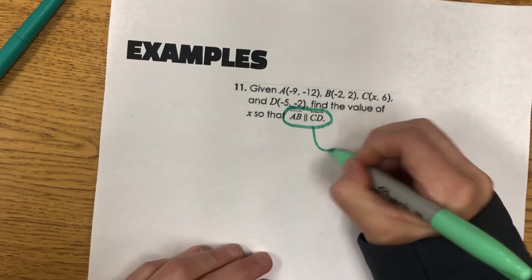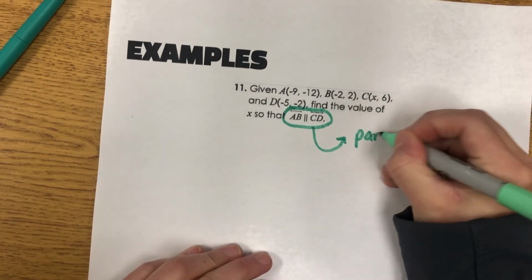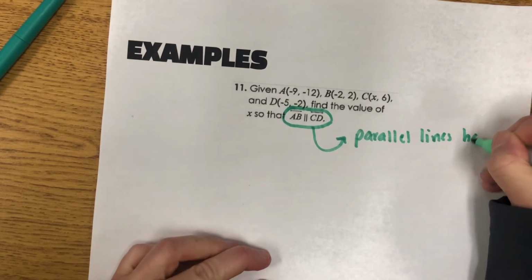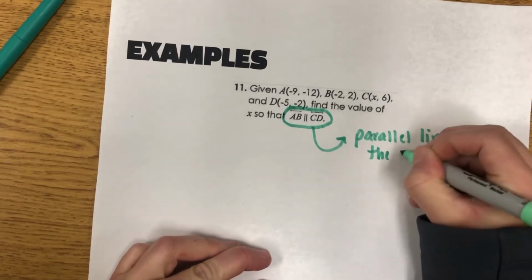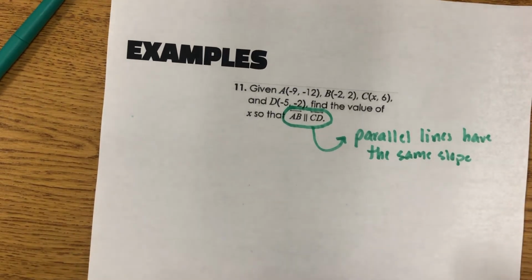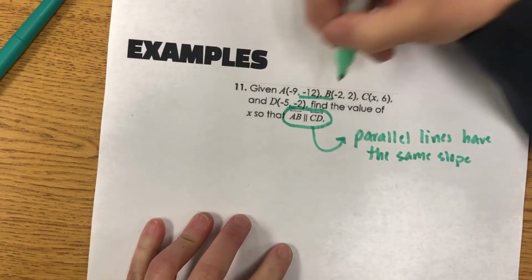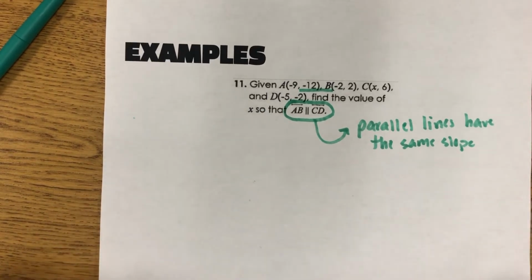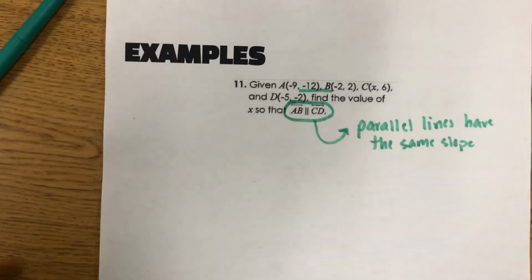Because remember, being parallel lines have the same slope, okay? So what we're going to do is find the slope of AB, and then we're going to be able to set up our problem for CD. So let's go ahead and find the slope of AB first.